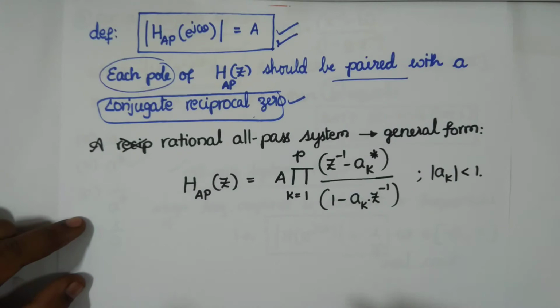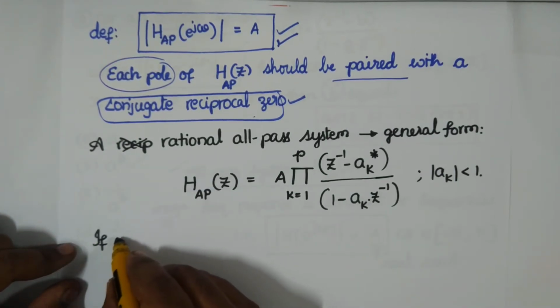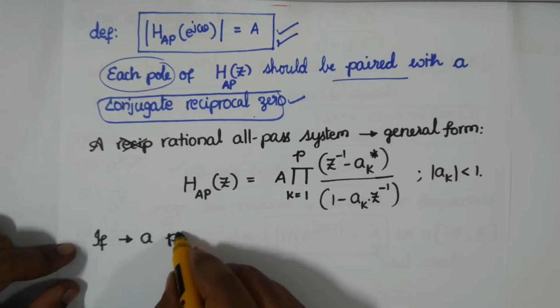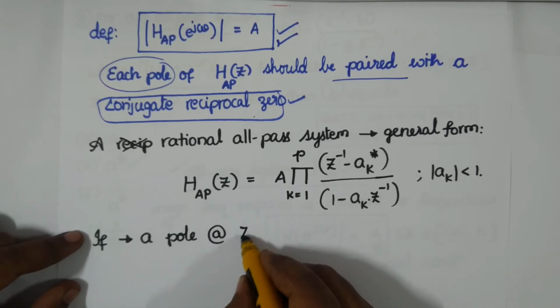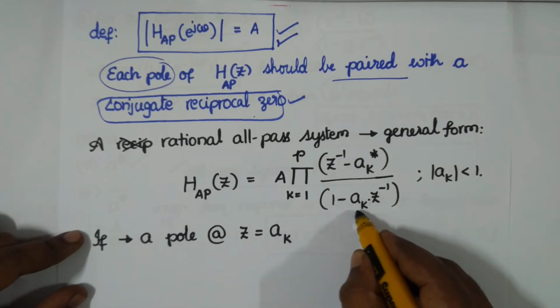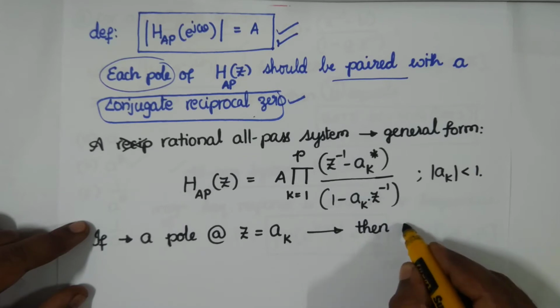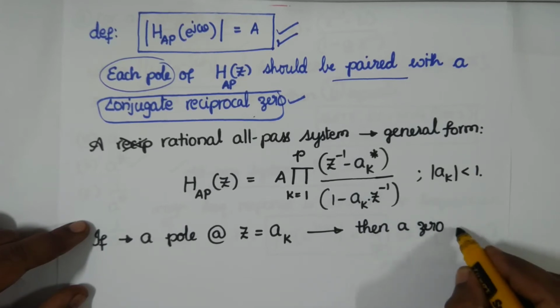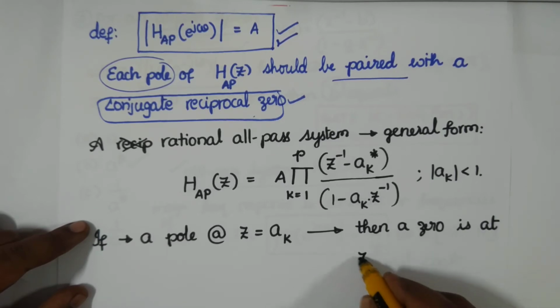Okay. Now we can construct things like this. If there is a pole at z equal to a sub k, let me take my pole like this, then there would be a 0 at z equal to 1 over ak conjugation.